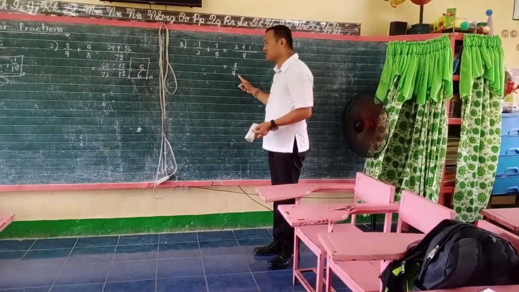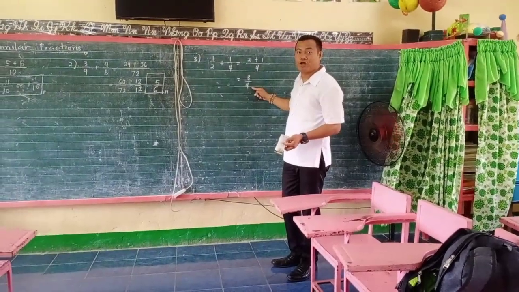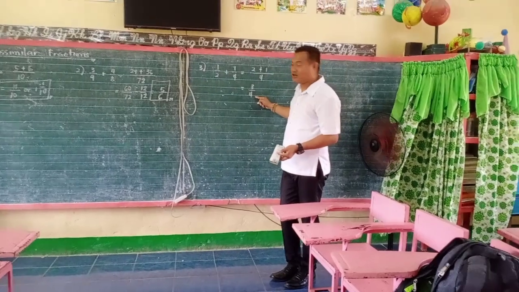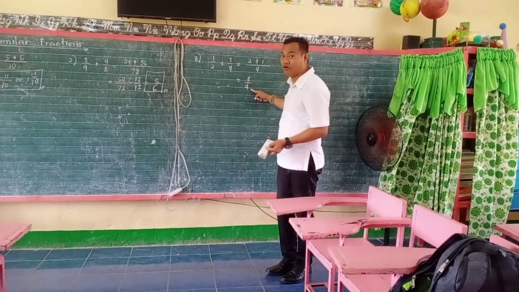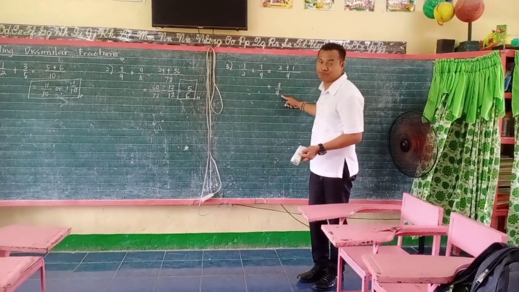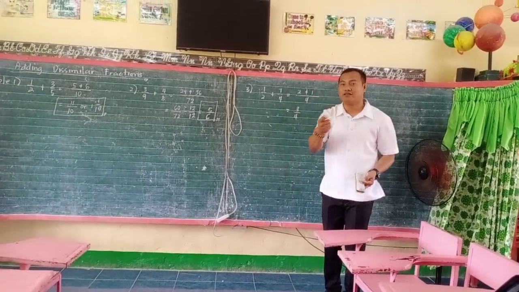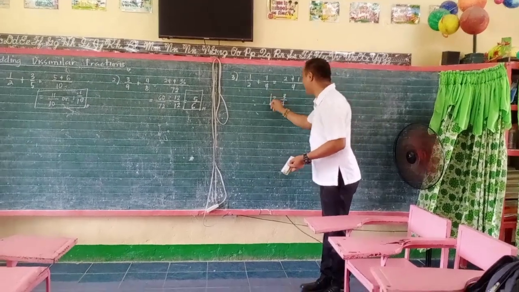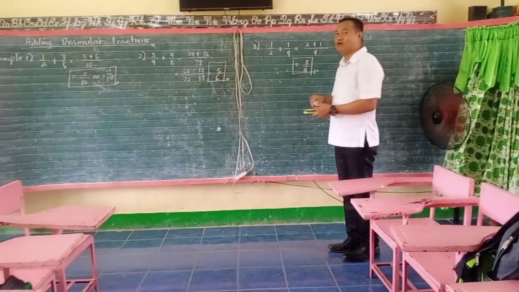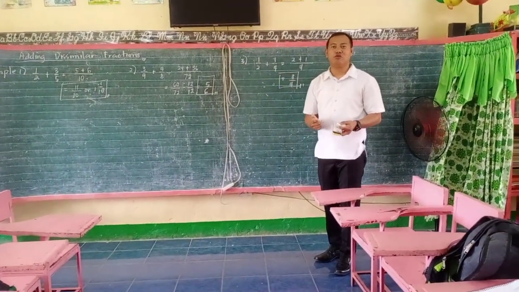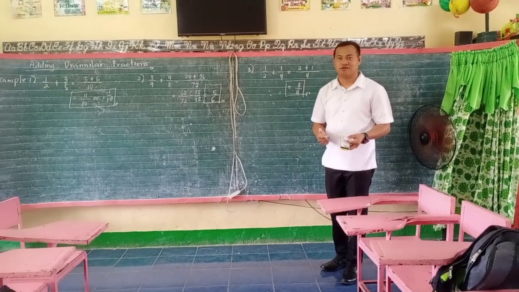Can we reduce this into its simplest form? No more, because the GCF of 3 and 4 is 1. Okay, so did you get the same answer? Very good. Alright, so do you have any question on how to add dissimilar fractions?